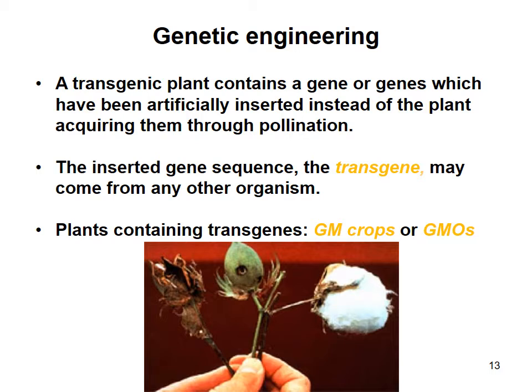So plants that contain a transgene are referred to as genetically modified crops or genetically modified organisms, GMOs, although in reality all crops have been genetically modified from their original state by domestication, selection and controlled breeding over long periods of time.